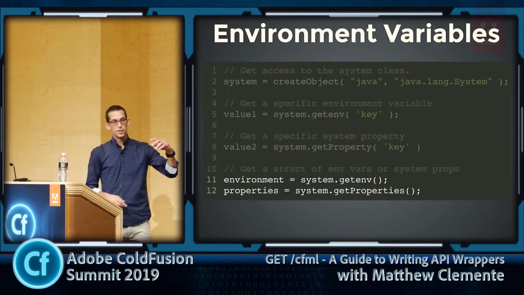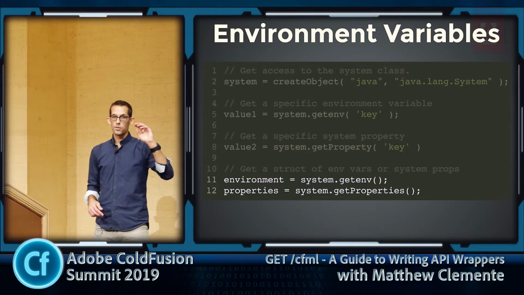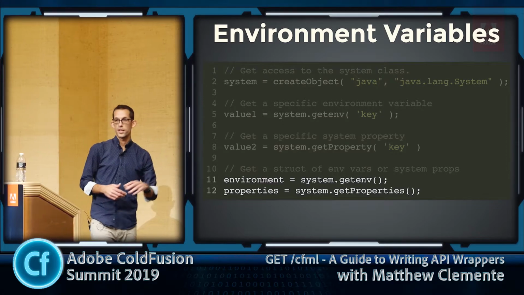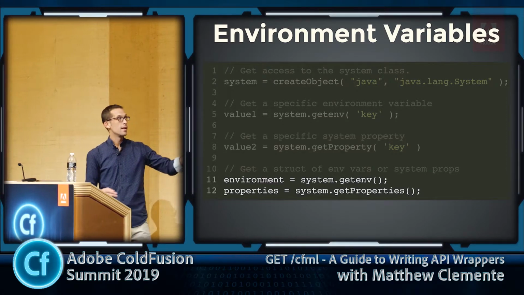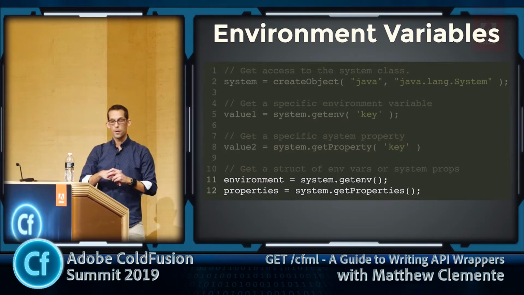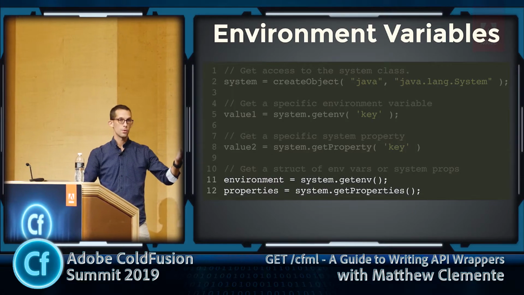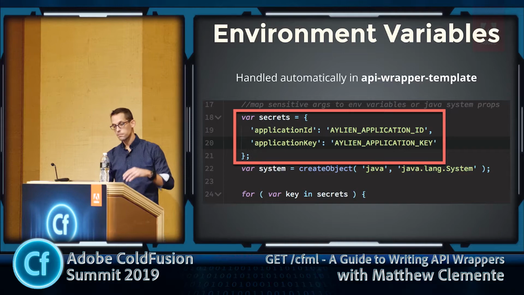You also have the ability to create an array of the objects, so you can get all of the environment variables or all the system properties and look to see if the key that you're looking for is there. This way, we can look for environment variables for credentials rather than forcing users to hard-code those and pass them in manually.